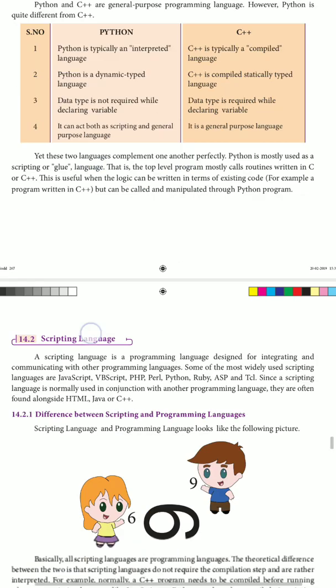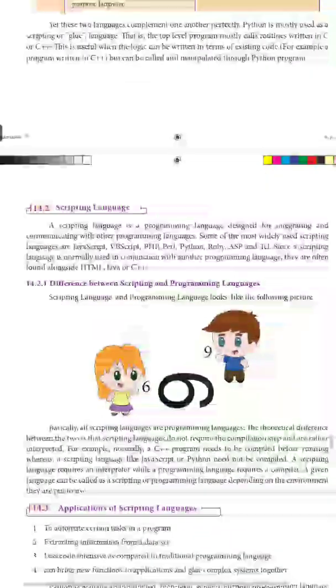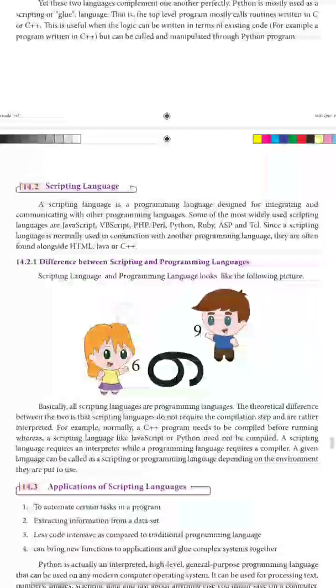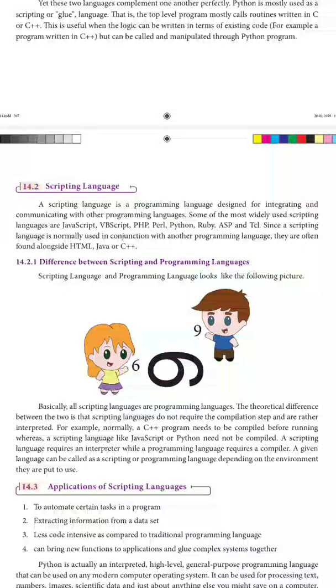Next is the scripting language. A scripting language is a programming language designed for integrating and communicating with other programming languages. Some of the widely used scripting languages are JavaScript, VBScript, PHP, Perl, Python, Ruby, ASP, which means Active Server Pages and is used for web page development, and TCL.